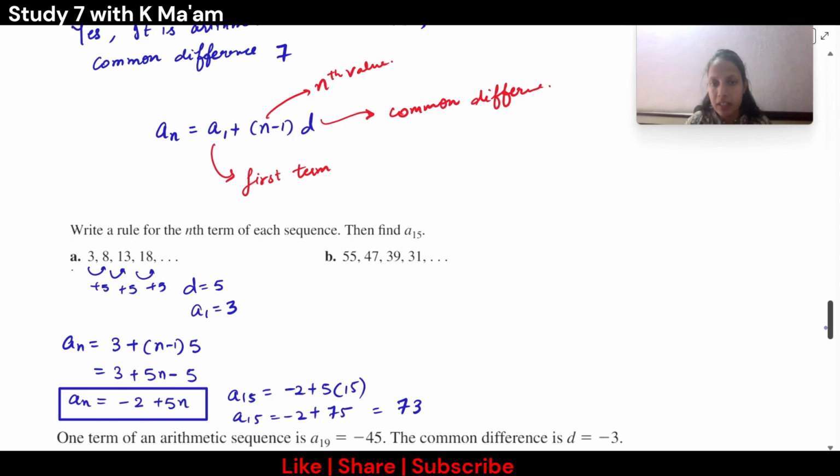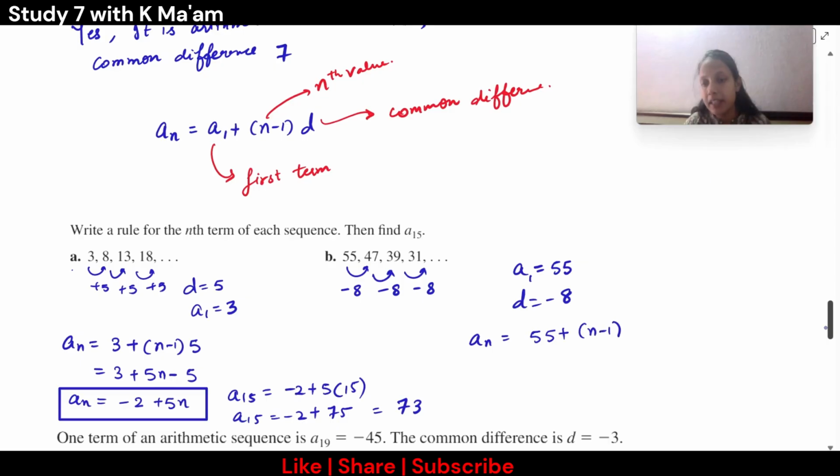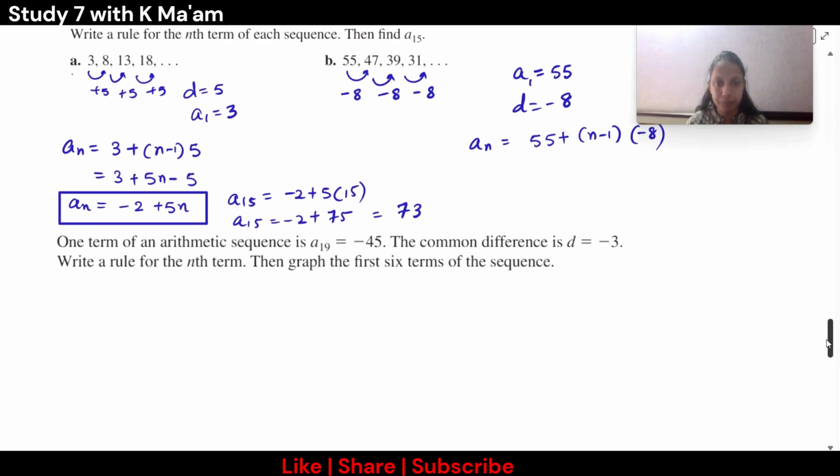The common difference is negative 8. You can check. The difference is negative 8 and negative 8. So d is negative 8. The first term is 55. an equals 55 plus n minus 1 times d. The remaining you have to calculate yourself. Do it. We can continue to the next one.